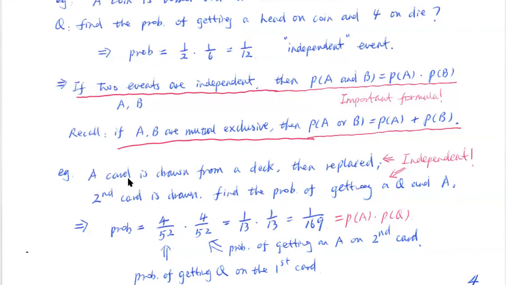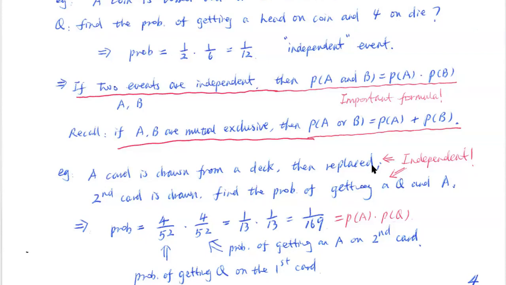So now the question here, we draw a card, right, from a regular deck. Now you put that back, so replaced, you can understand it that way, right? So a regular deck, you have 52 cards, you draw 1 card. After you draw that card, you put that back, or you can understand that as you replace it by a new card, the same one, right?